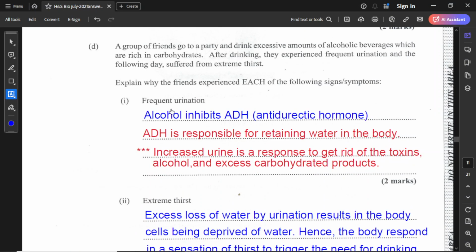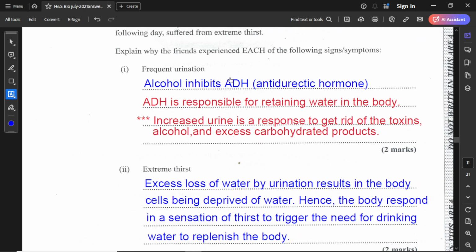For one, frequent urination is because alcohol inhibits ADH. Again, remember that ADH is antidiuretic hormone, and the point to note here is that antidiuretic hormone is responsible for retaining water in the body. And so you have increased urine as a response to get rid of toxins, alcohol, and excess carbohydrate product.